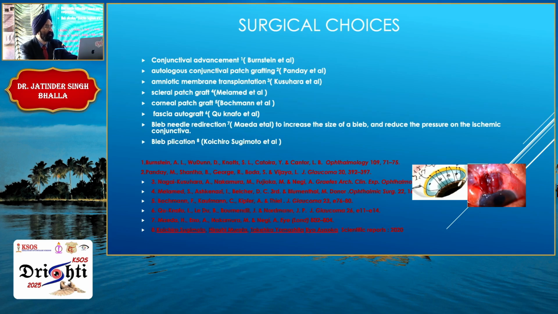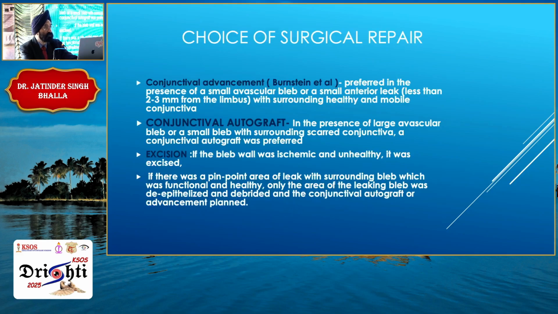So what are the surgical choices? Surgical choices are these as listed here: conjunctival advancement or autologous conjunctival patch grafting, amniotic membrane transplantation, scleral patch graft, corneal patch graft, even the fascial autograft has been used, bleb needle redirection, and bleb plication is also one of the procedures. So choice of surgical repair depends on the size and site.